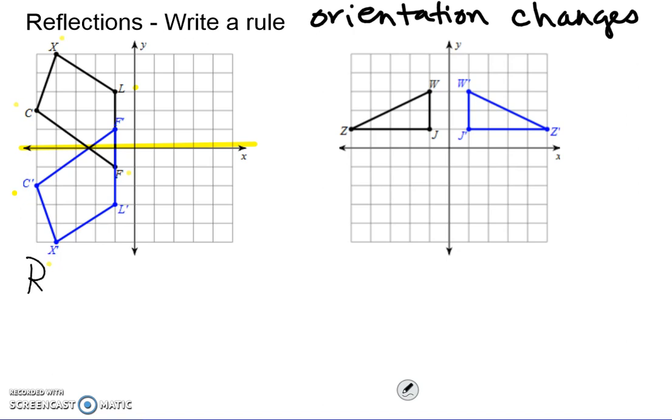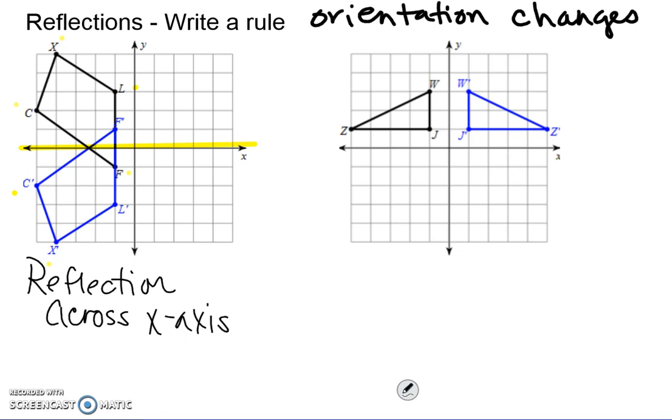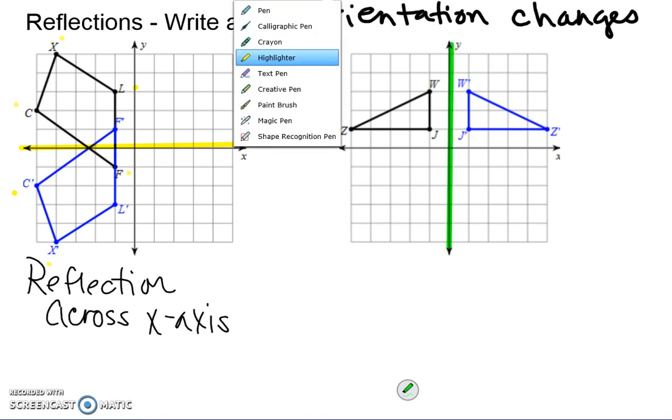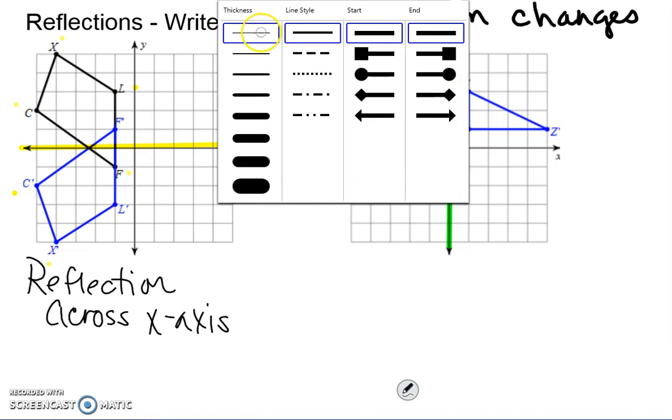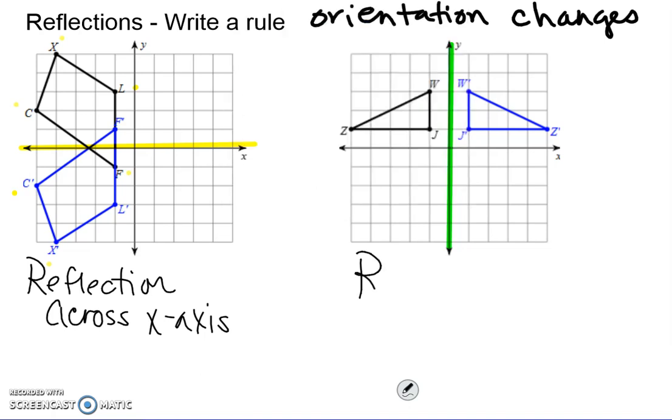All right? So then you also want to figure out what kind of reflection. I know it's a reflection. And this one is clearly across the x-axis. My next example is reflected across this line. So this one is a reflection.